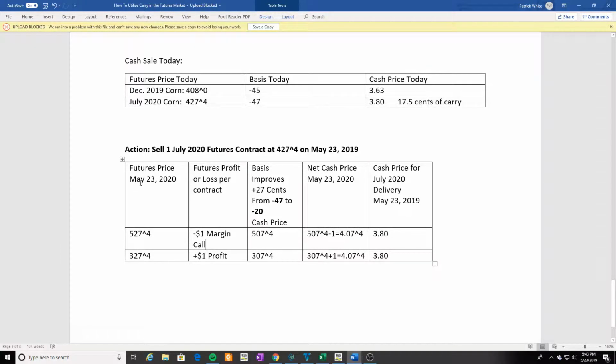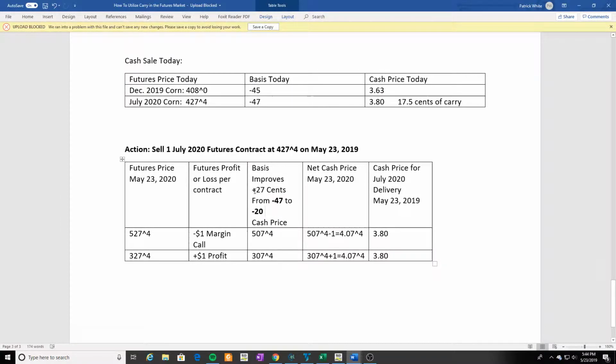But let's say it's May 23rd, 2020. When you go to deliver your grain, you would have the futures price at 527.5. And the basis, we started at a negative 47 basis on May 23rd, 2019. Let's say that it improves 27 cents to a 20 cent under basis.